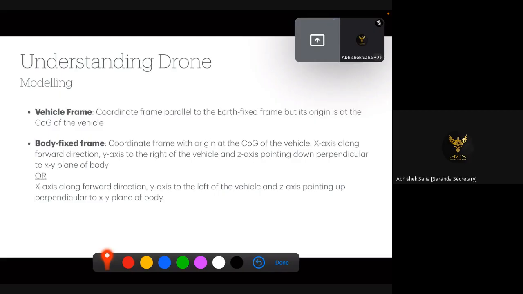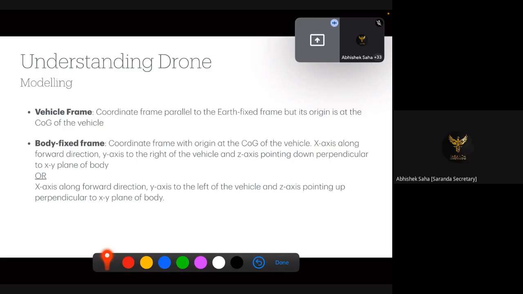If you take the y-axis to be the left of the vehicle, then the positive z-axis is perpendicularly up. So the x-axis remains fixed; it is always in the forward direction of the vehicle. Depending on whether you choose the z-axis to be up or down, the y-axis will be either left or right. Similarly, if you choose your y-axis to be right or left, the z-axis will be down or up accordingly.